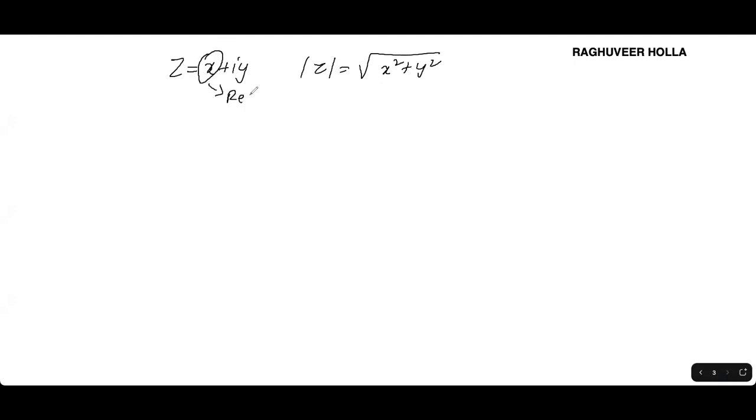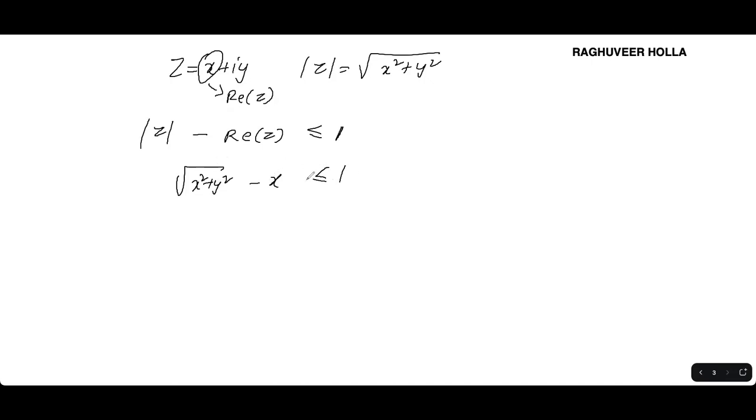Given that mod of z minus real part of z is less than or equal to 1, which is given.